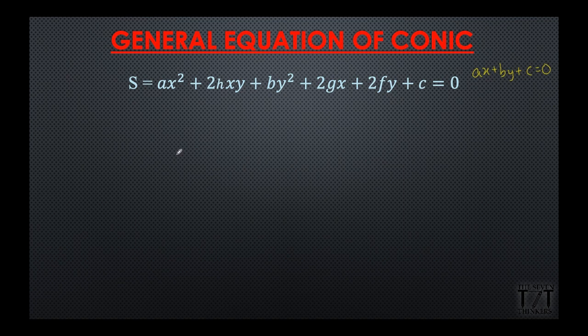First of all, we need to find out the discriminant of this equation, which is represented by delta, which has the value equal to ABC plus 2FGH minus AF square minus BG square minus CH square, and this is the value of determinant.